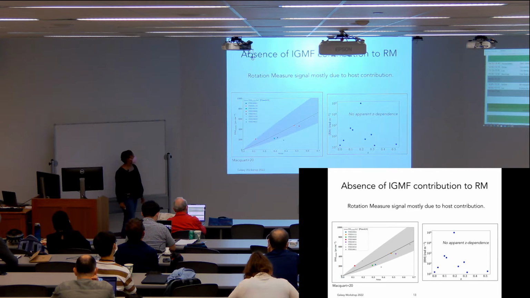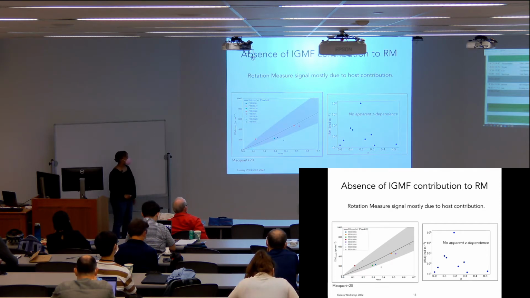And then taking a look at these plots, here we have redshift and dispersion measure, and then redshift and rotation measure. With dispersion measure, we see a very clear redshift dependence in the extragalactic contribution to the total dispersion measure of the FRBs, whereas with rotation measure, we don't see very much Z dependence.